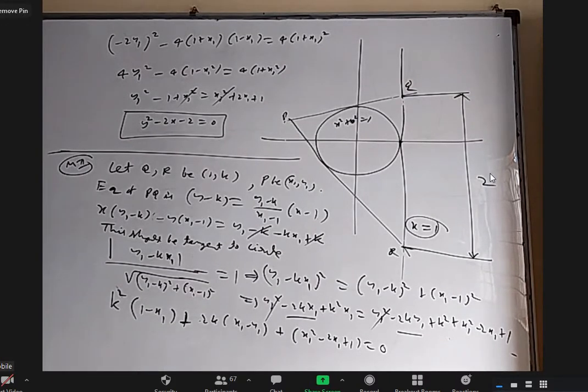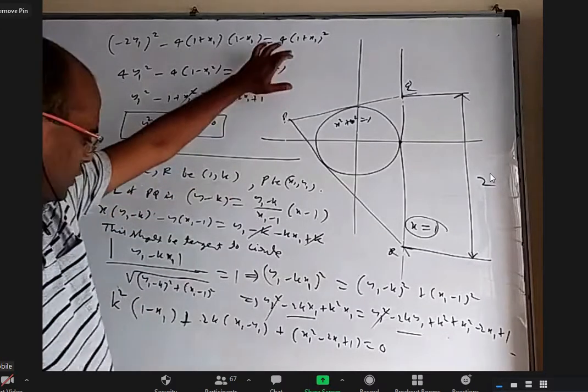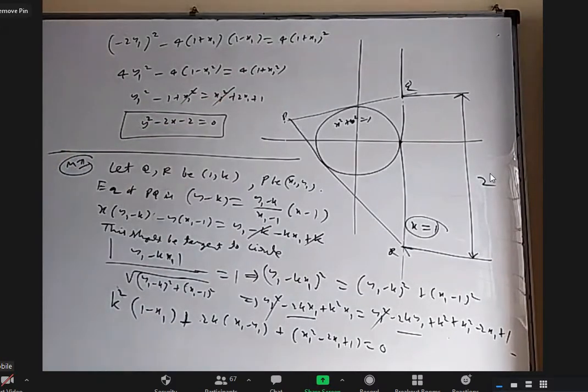Okay, this is a different quantification. Let's see. This is a is 1 plus x1 and here 1 minus x1 above.